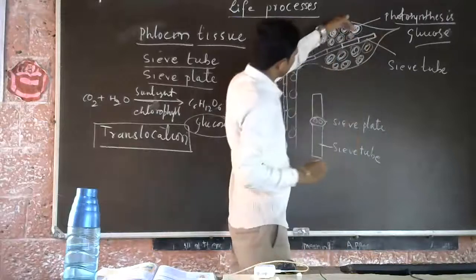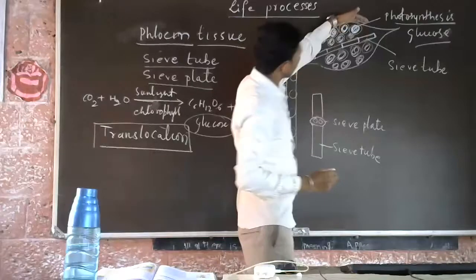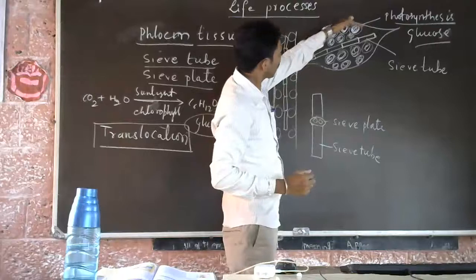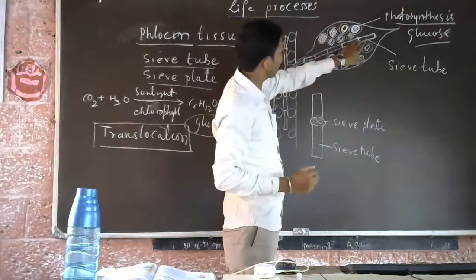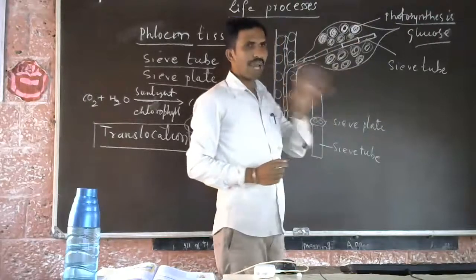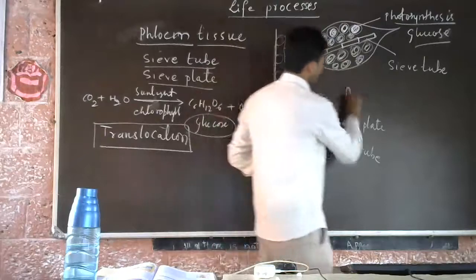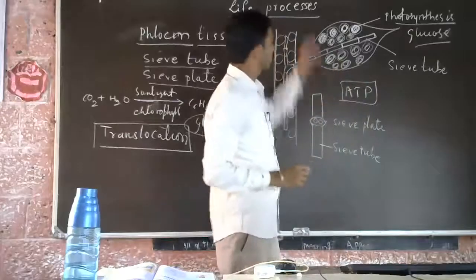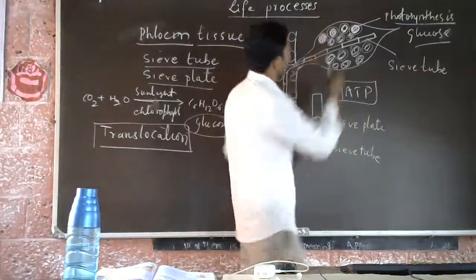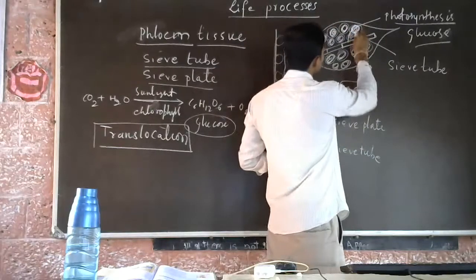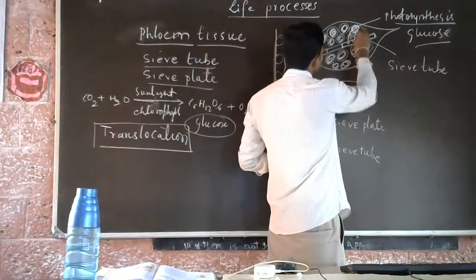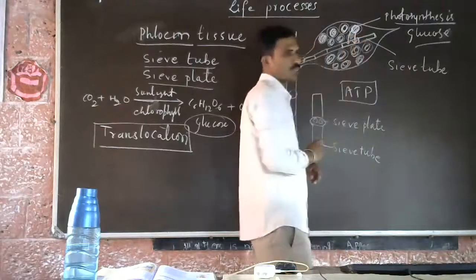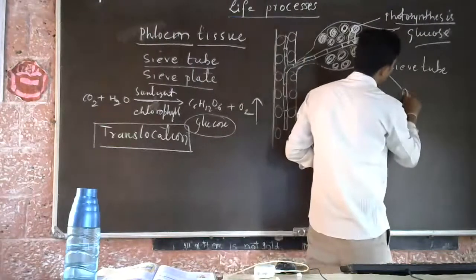Transportation has to be done from the cells which produce the glucose to the phloem. Here the plant will invest some ATP. ATP means energy pockets. So it invests energy and the glucose will be transferred to the phloem tissue by active transportation.